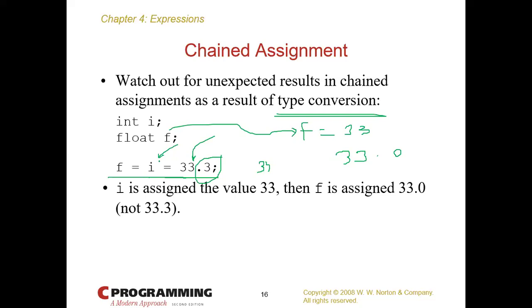So we see that F is equal to I is equal to 33.3 does not end up saving 33.3 inside of F. It saves only 33.0 because the value had to go through I, and I had truncated the 0.3 off. So it's important to keep this in your mind.